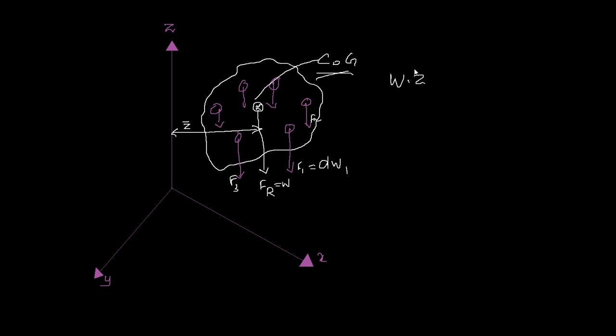W into Z bar, which is the distance to the resultant force from Z axis, is equal to summation i equal to 1 to n dWi Zi.